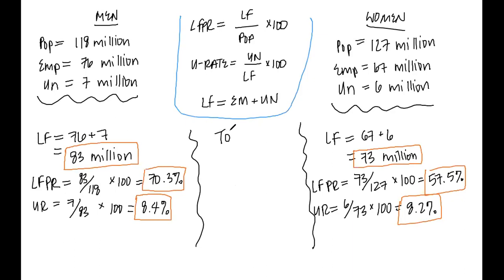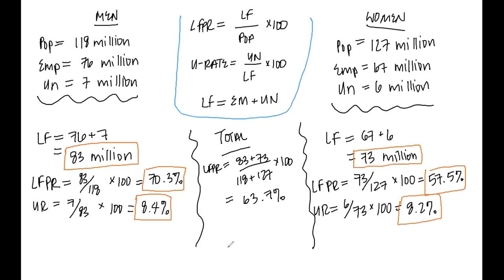So for the total labor force, we can do 83 plus 73 over the 118 million in the population for males and the 127 million in the population for females. Multiply that by 100, and we get a total labor force participation rate of 63.7%.